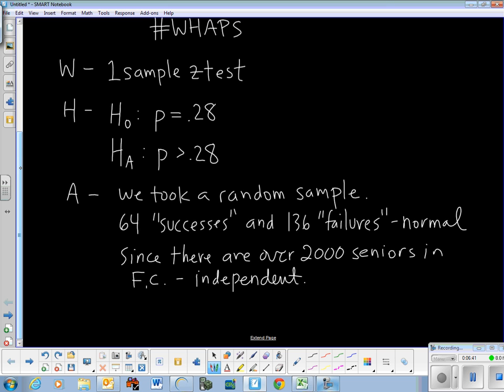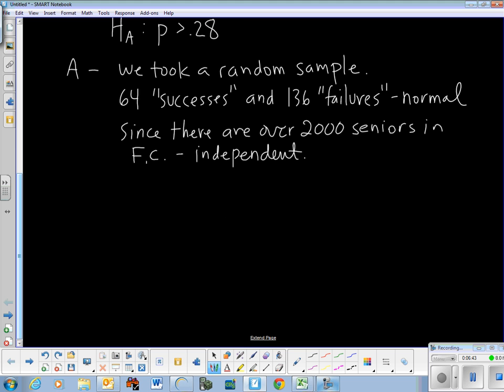All right, now we are going to perform the test. This is unique to this video because we didn't get to it last time. I just told you we're going to find something called a p-value. Here is how we find the p-value. We are going to find a z-score, a z-statistic, just like we did a long time ago.